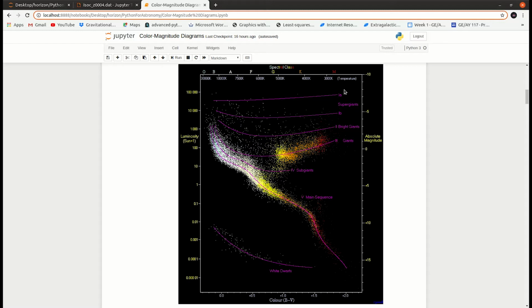So that's the concept of magnitude. The more it is towards the negative side, the more luminous or brighter the object is.